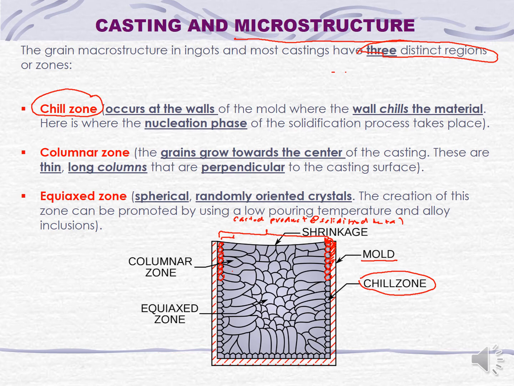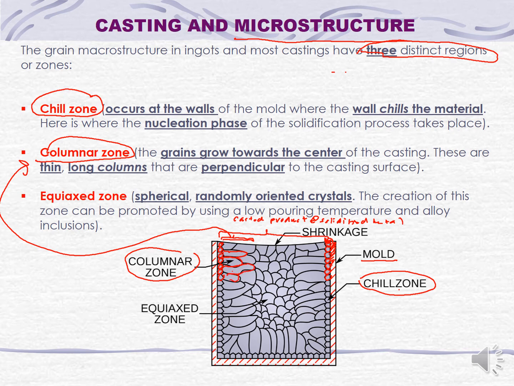Next, after this zone, we can see a different shape of microstructure. This is the columnar zone. The grains grow towards the center. If you look at the grains, they are thin, long, and elongated.